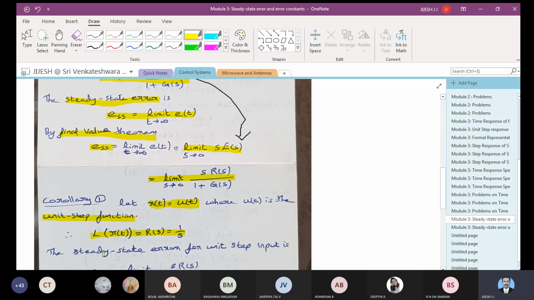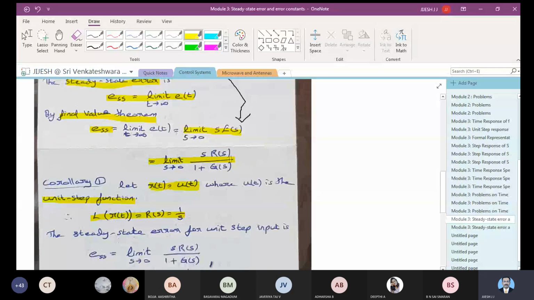Let us see the steady state error for a unit step input. We can write ESS is equal to limit of s tends to 0, s into R of s divided by 1 plus g of s. This is the same equation of ESS we wrote before.